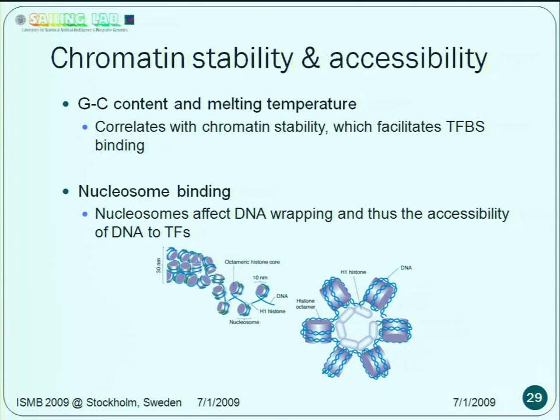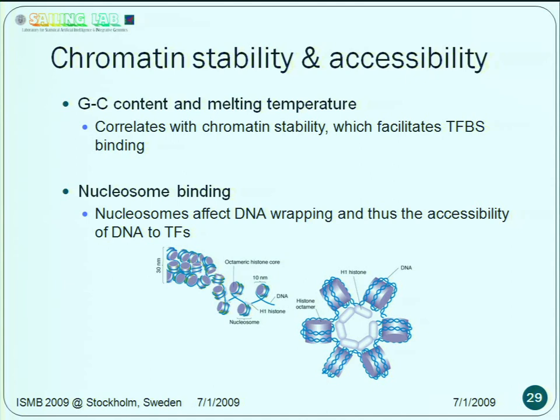Chromatin stability-based features: we have tracks or features which calculate the GC content, which gives a good indicator of chromatin stability, as well as the melting temperature, CpG islands, and nucleosome binding affinities, because nucleosomes affect DNA wrapping and therefore affect the accessibility of transcription factors to the DNA.